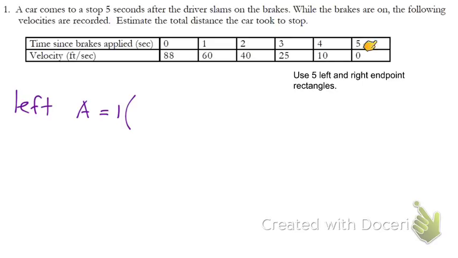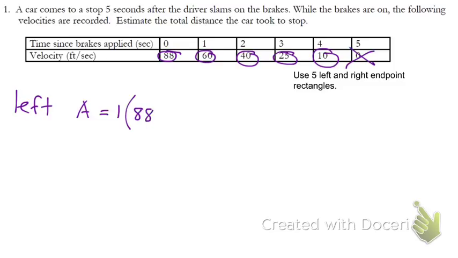Now, if you wanted to, you could actually plot these points on the graph and show the rectangles. But I hope it's possible for you to imagine what they would look like, where you have 88 and then 60 and then 40 as your different heights for these rectangles. So for the first rectangle, because we're coming from the left, remember we're going to use all the left points and none of the right ones. So my rectangle here has a base of 1 with a height of 88.